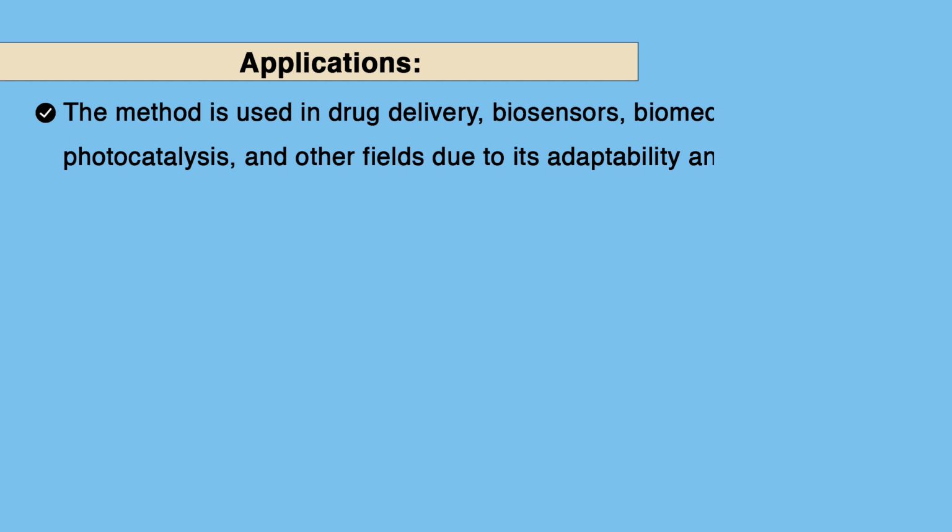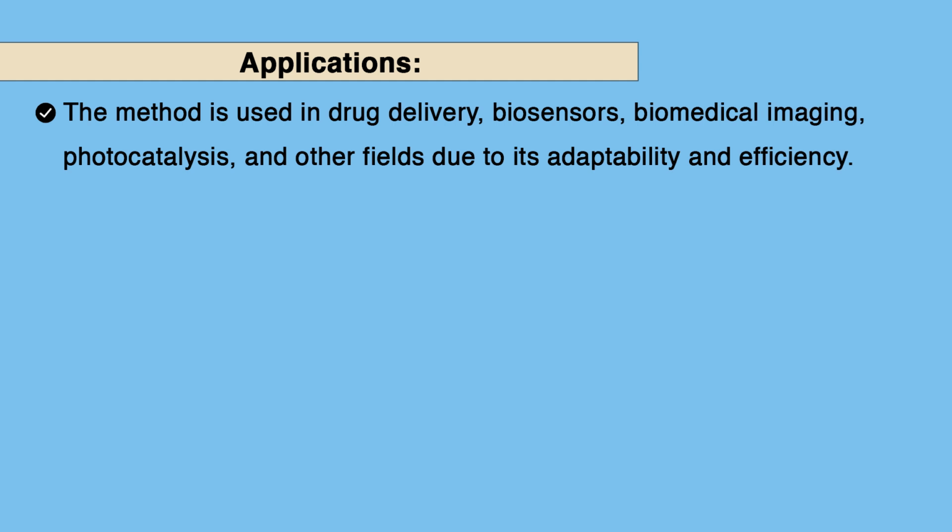What are the advantages of self-assembly? The first is simplicity. The process is straightforward and does not require complex equipment. The second one is cost effectiveness. It is an inexpensive method for the fabrication of nanostructures. Versatility: self-assembling can produce various structures including 2D nanostructures and metal oxides. What are the applications?